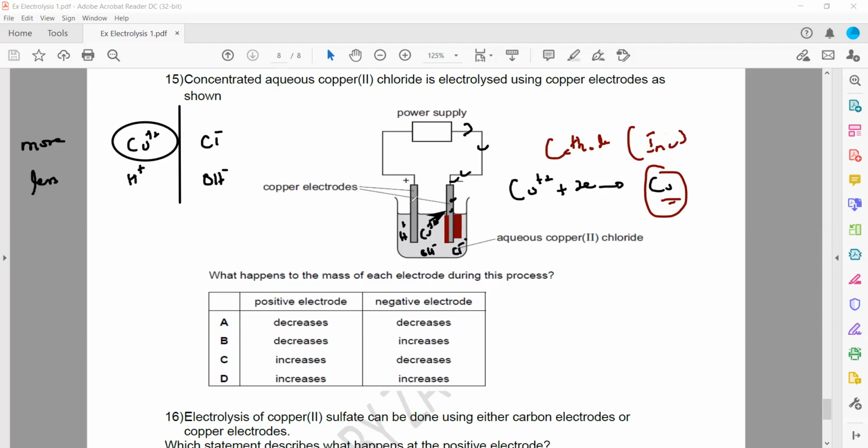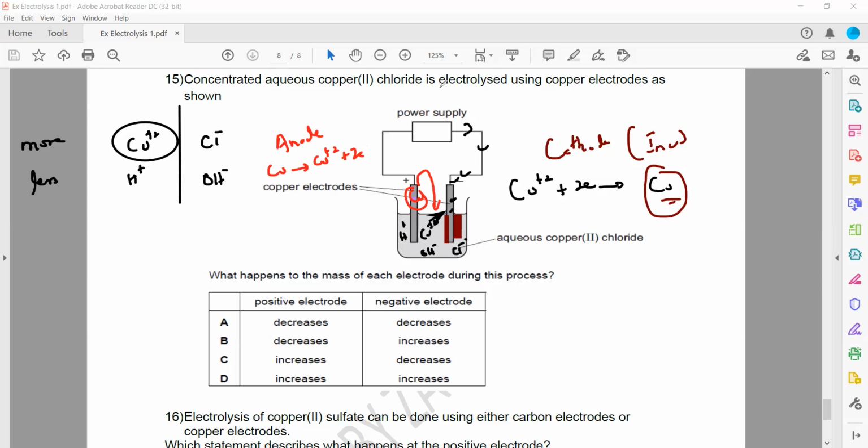But electrodes are made up of copper. So what happened at the anode? The copper atoms which are there will go inside the solution as copper ions. So a copper atom turns into a copper ion by loss of electrons. So what happened to the size?